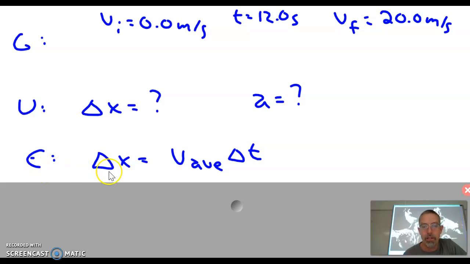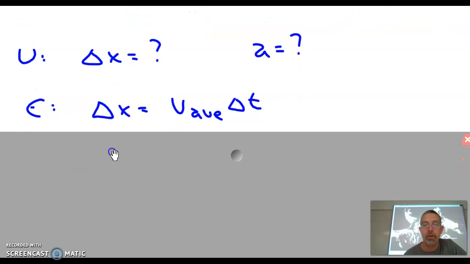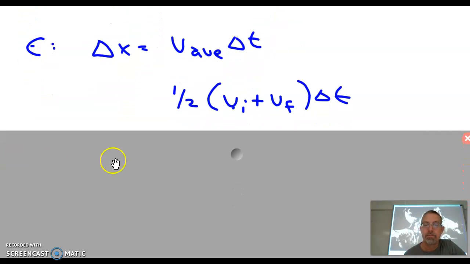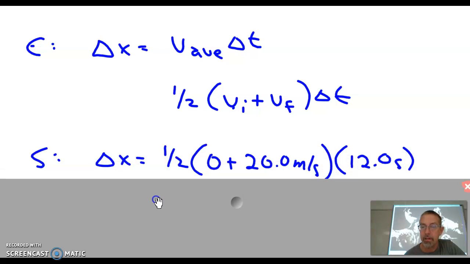So the equation we're going to need to solve for delta x, one equation we could use is simply V average times delta t. That's an equation from our toolbox, and we've written that before as 1/2 (VI plus VF) delta T. We have VI, we have VF, we have our time, so this should be smoother than a greased pig running downhill.